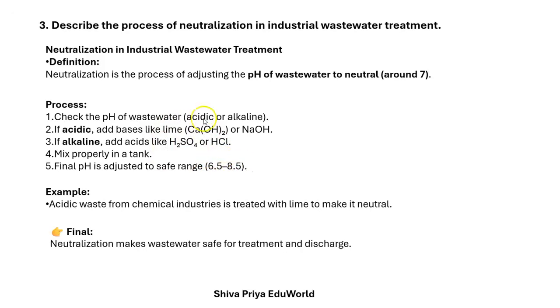This process is called neutralization. Clear? Adjusting the pH level of that wastewater to neutral level. This is the neutral level of pH. For example, acidic waste from chemical industries is treated with lime to make it neutral. This is an example of how we control its pH level.